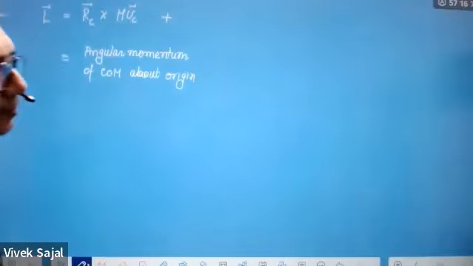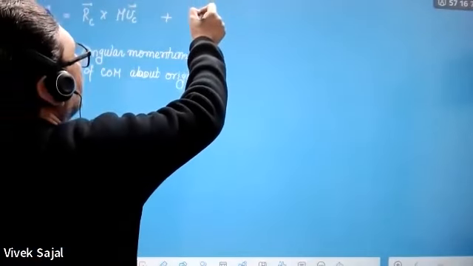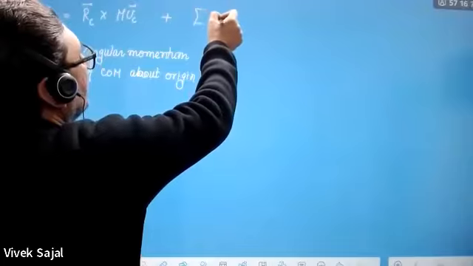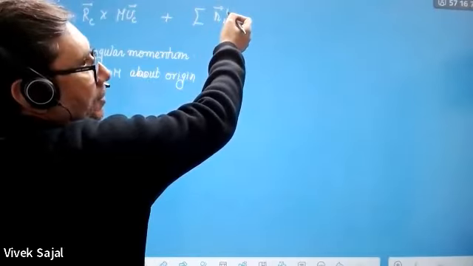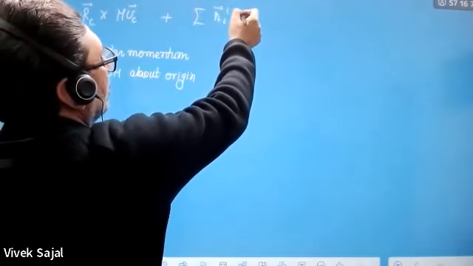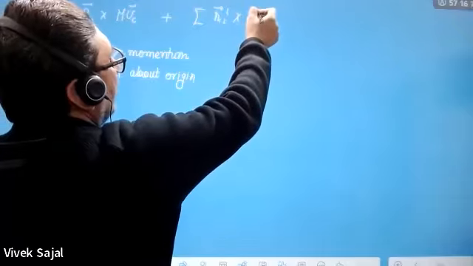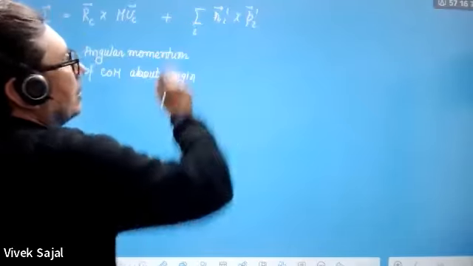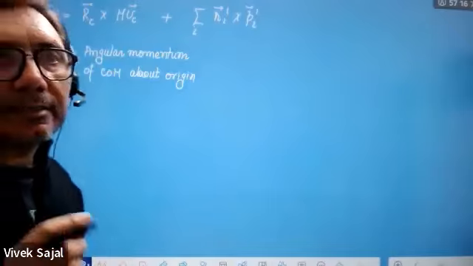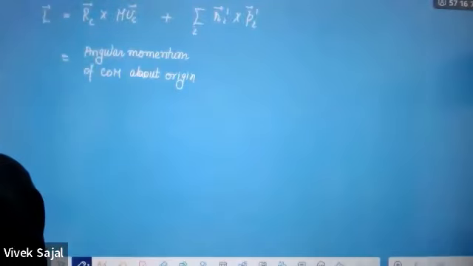Plus second term is, if you look, sigma Ri prime, position vector of all the particles with respect to center of mass, cross momentum of each and every particle with respect to center of mass. So what is this? This is the angular momentum of the body about center of mass.